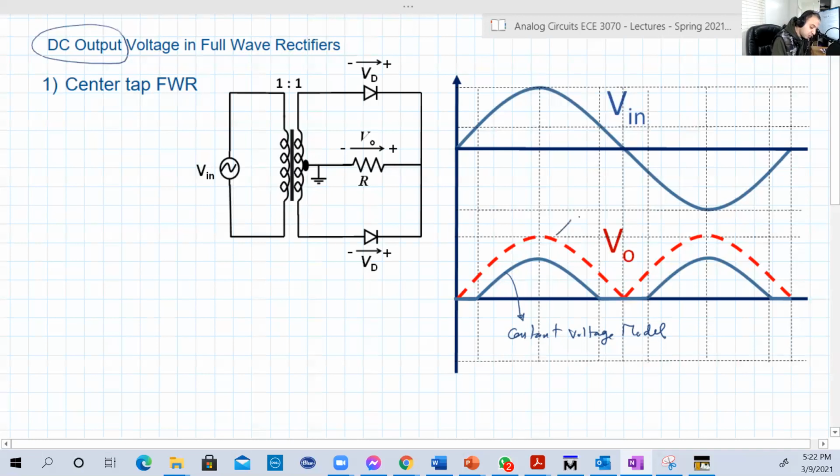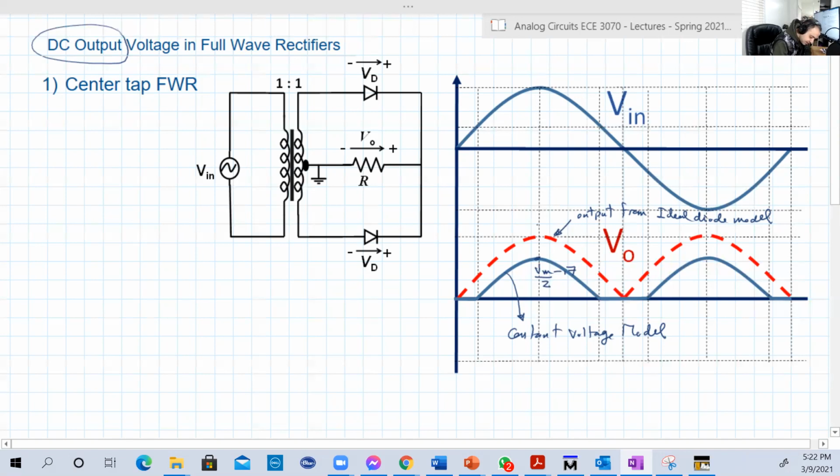And this will be the output from the ideal diode model. So this peak here was Vmax minus 0.7, Vmax over 2, remember.